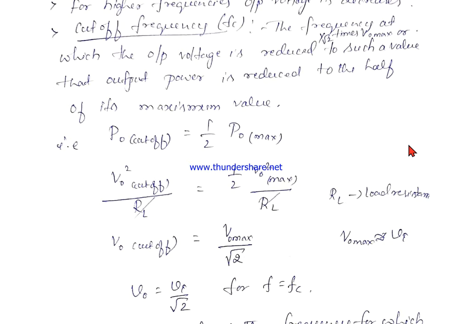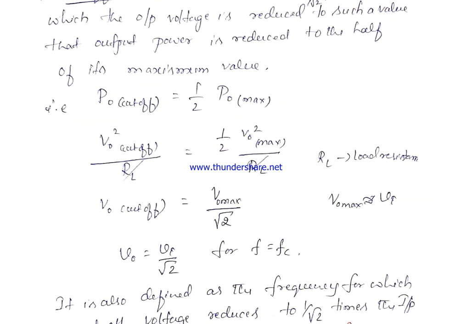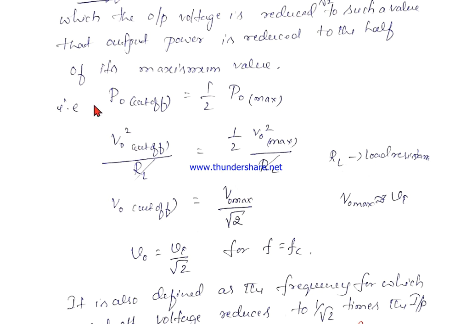In terms of power, the output power is reduced to half of its maximum value. So we can represent the cutoff power P0 cutoff as equal to half of the maximum power. The expression for power in terms of resistance and voltage is V squared by RL.